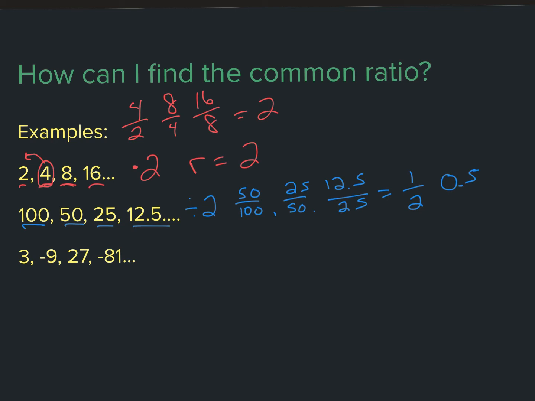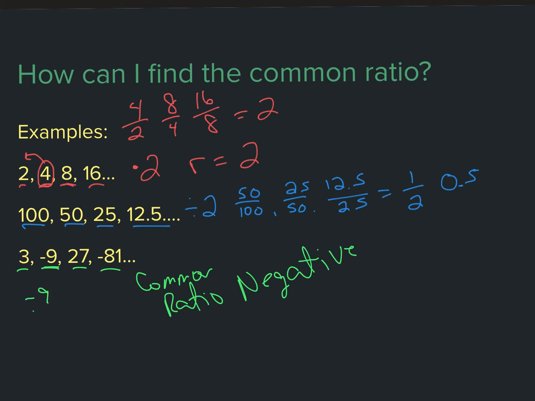Well, what about this one? 3, negative 9, 27, negative 81. Notice sometimes I have a positive and sometimes I have a negative, that means my common ratio must be a negative number. So to find out exactly which number, we do the same thing as before.